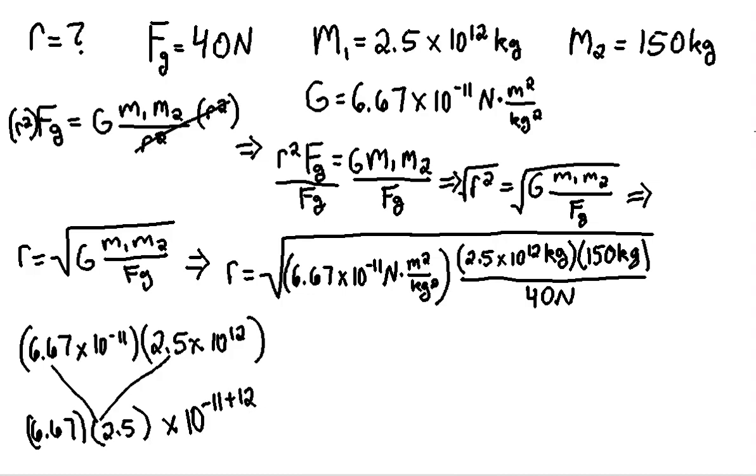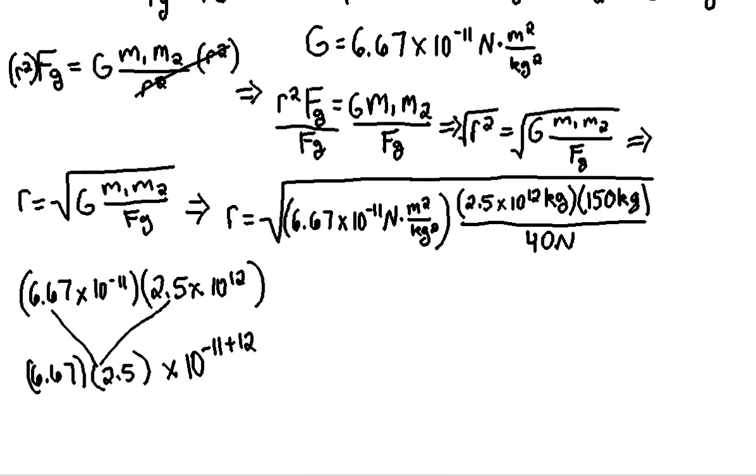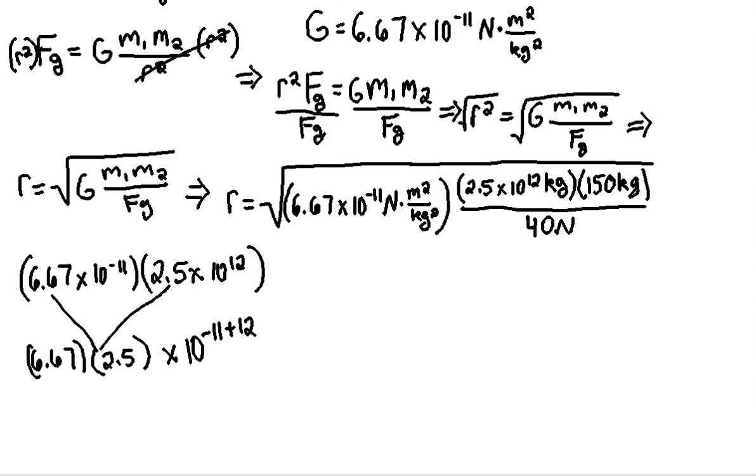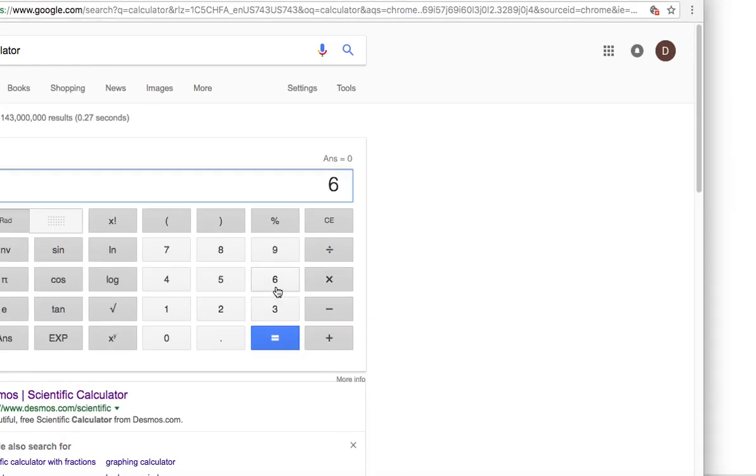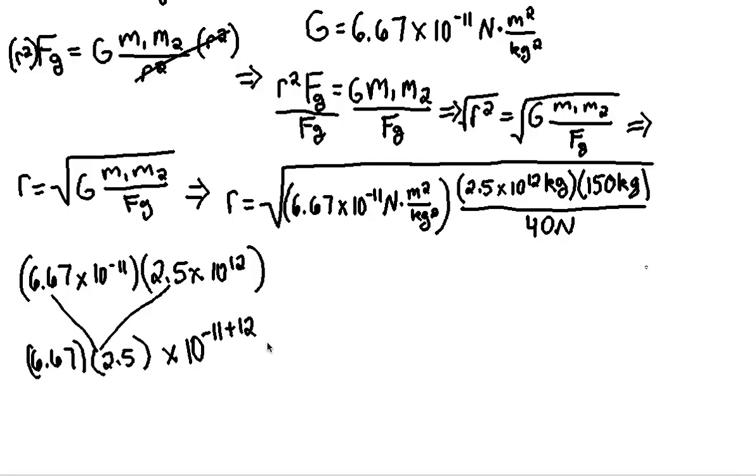Alright, so let me go down on the page a little bit. Alright, so 6.67 times 2.5, that's not that bad. 6.67 multiplied by 2.5 equals 16.675.